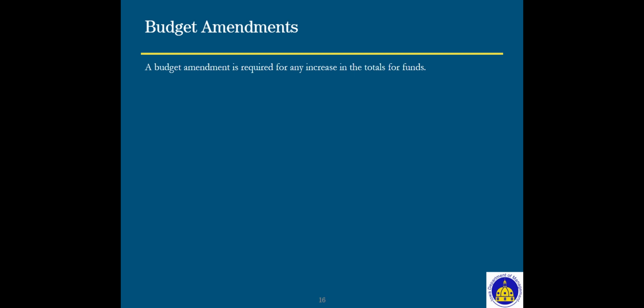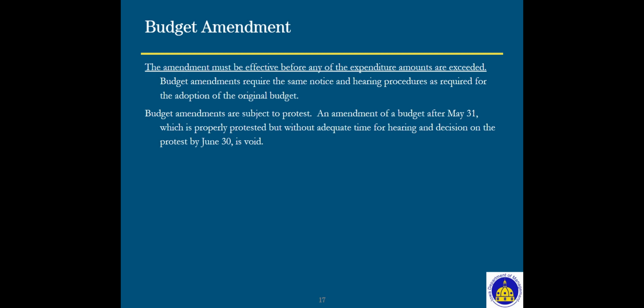The process for amendment is very similar to the process used to adopt the budget. They require the same notice and hearing procedures as were required in the adoption of the original budget. And keep in mind too that the amendment must be effective before you actually exceed your expenditure amounts.